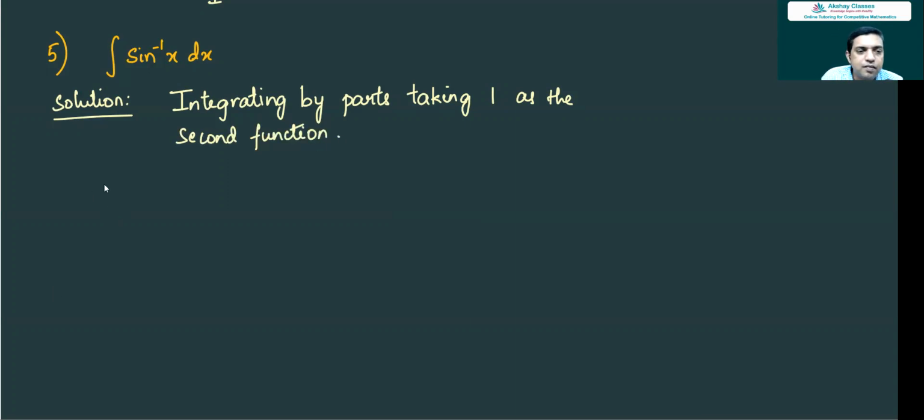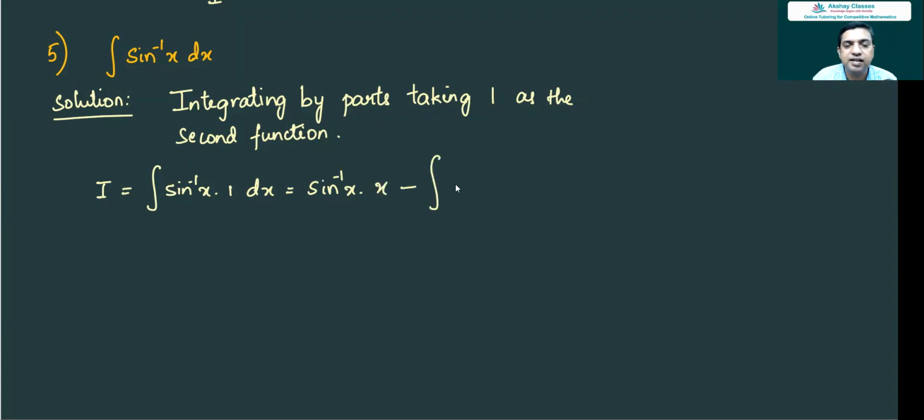So I, integral sine inverse x into 1 dx, is first function into integral of the second, which is x, minus integral of the derivative of the first, 1 by under root 1 minus x square, into integral of the second, x.